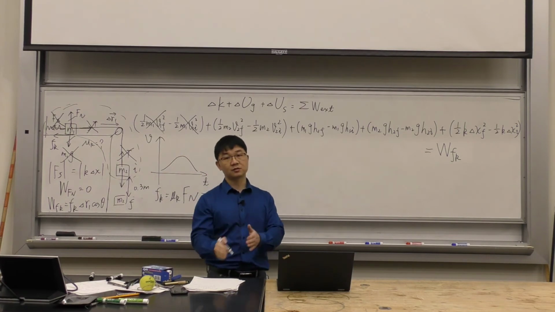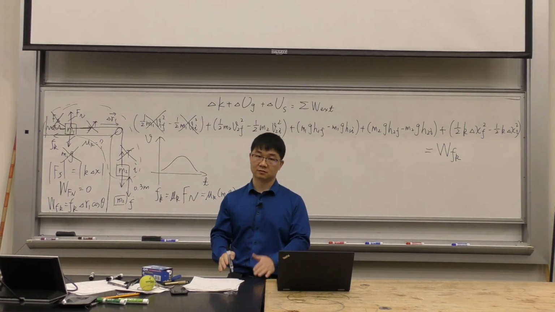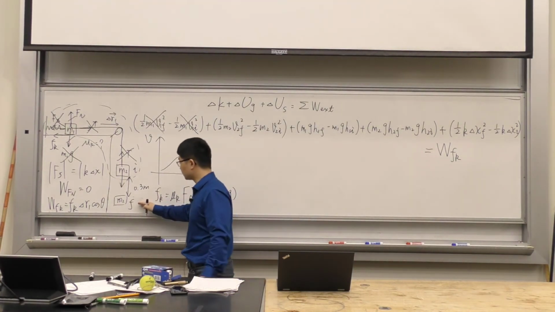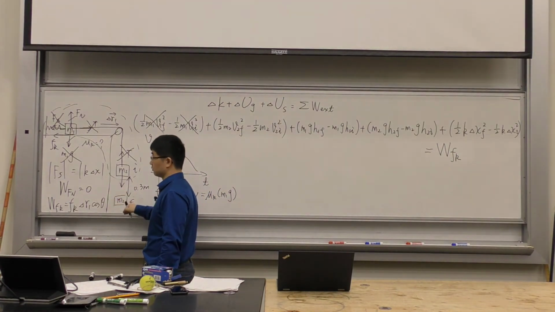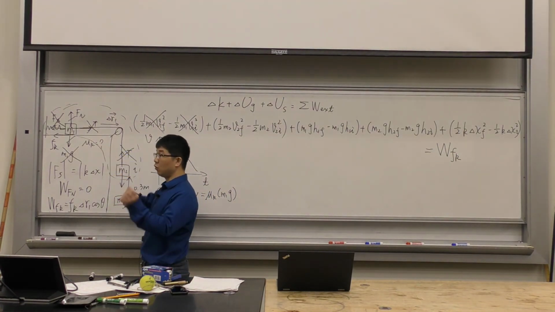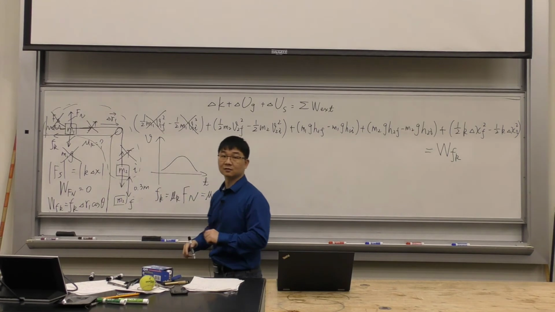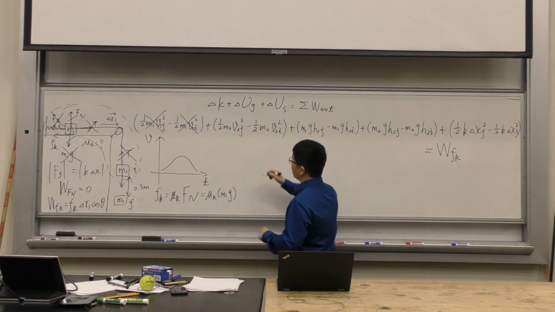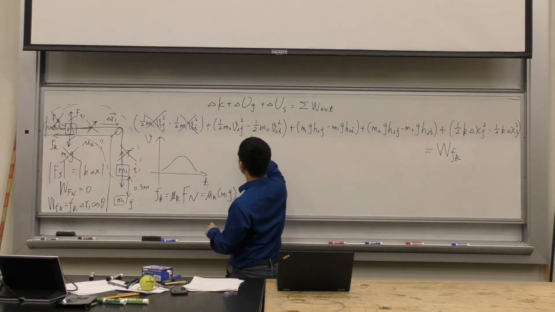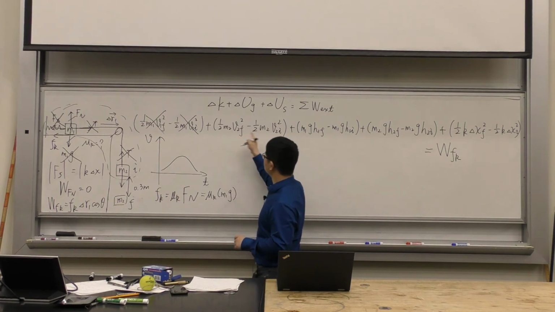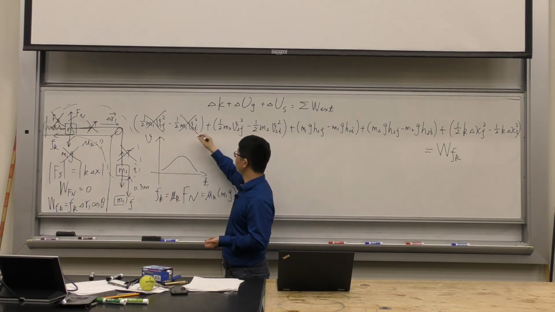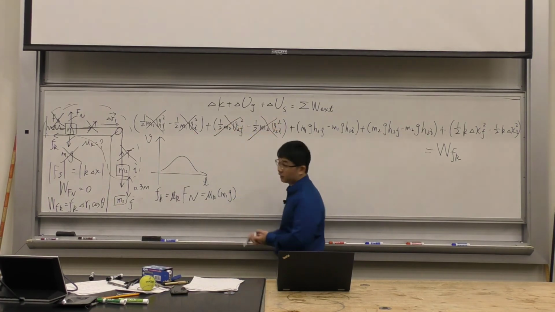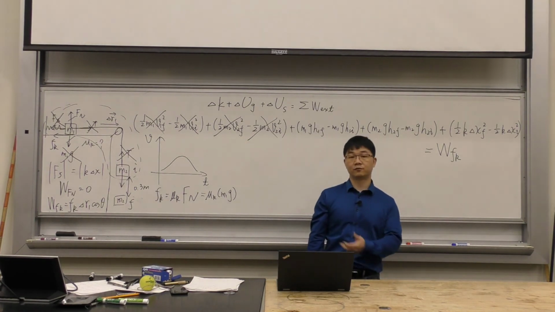They always have the same speed because they're connected. So right at that point, the speed of M2 becomes 0, and the speed of M1 also becomes 0 at that second. So they have two zeros, and these two terms are also going to be zeros, because they have the same initial and same final values. Isn't it nice? We already got rid of 4 terms.